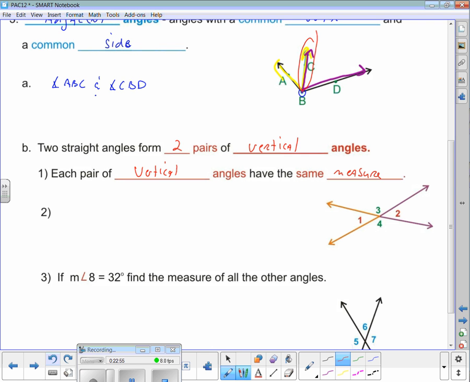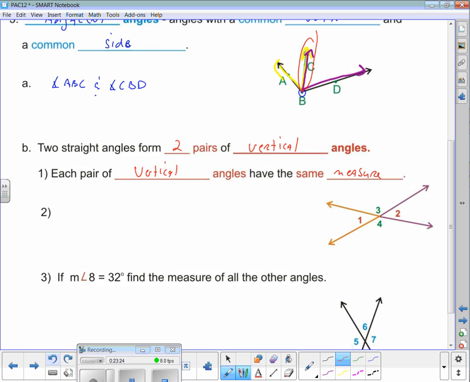Each pair of vertical angles have the same measure. I tried to use a little color to help you guys out with this. Jack, let me do one thing and I'll take your question, okay? So if you look at the orange angle, the 1 and the 2 and the 3 and the 4 aren't the number of degrees. It's another way of identifying an angle. Instead of using the three-letter approach, if we put a little number in the crevice of the angle, I could say angle 1.